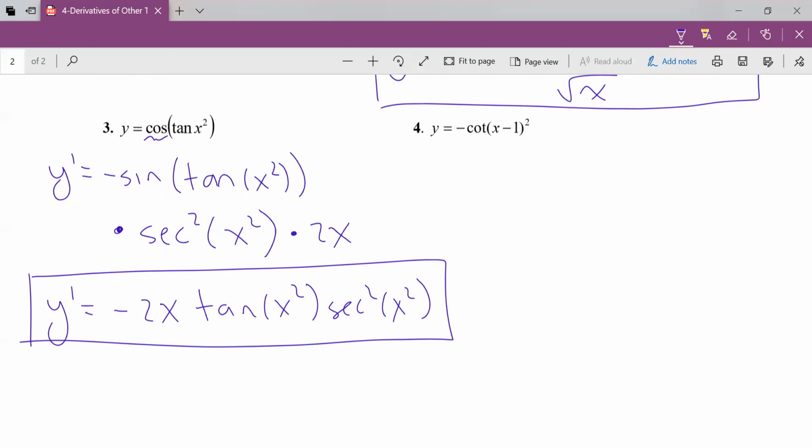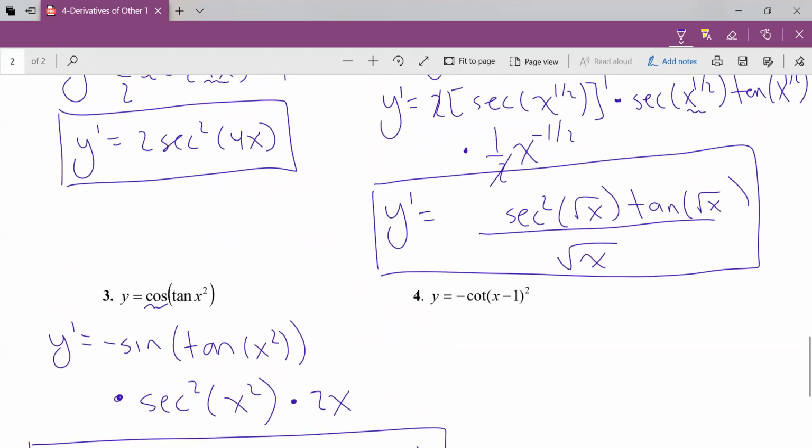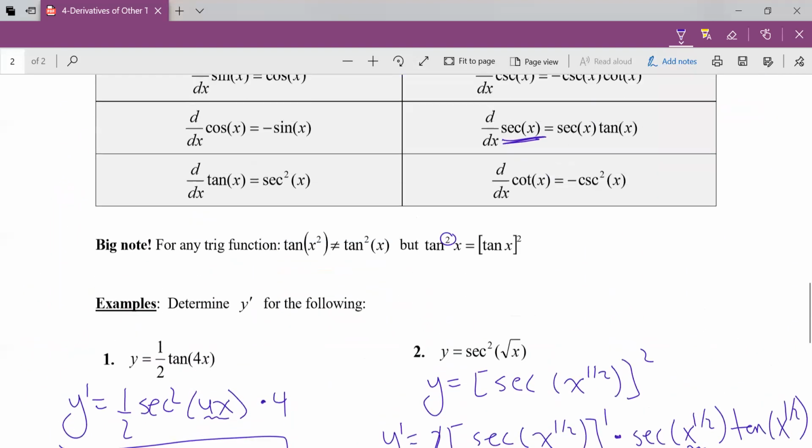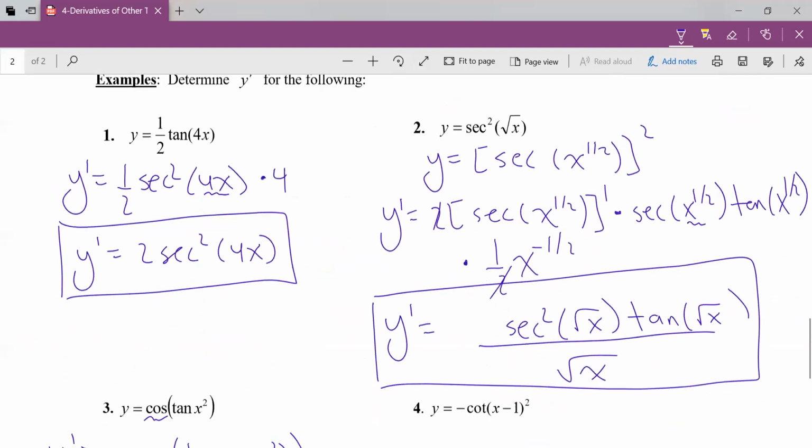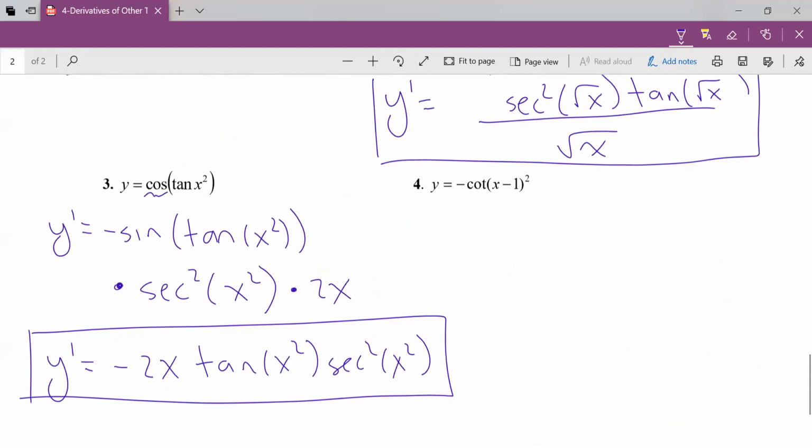Okay, last one: negative cotangent of x minus 1, squared. That looks ugly. So I go to my formula sheet. The derivative of cotangent is negative cosecant squared. So y prime is negative, the derivative of cotangent is negative cosecant squared, of x minus 1 squared.